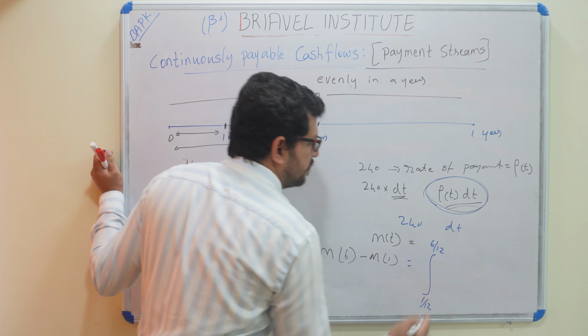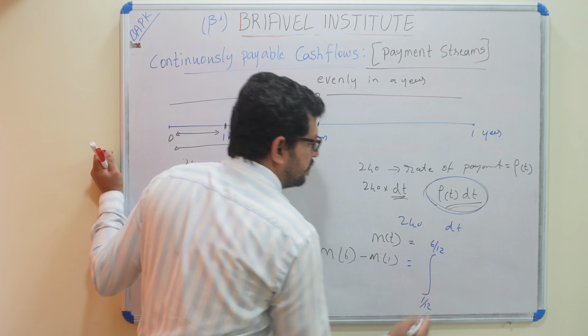Here rho(t), my rate of payment, is 1200. So integrating 1200 dt, I will get 1200t from 1/12 to 6/12, which is 500.